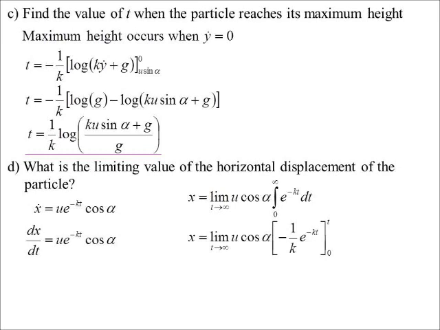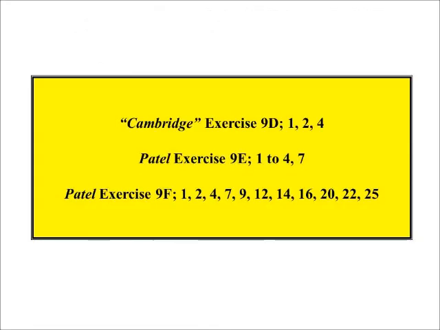We're finding limits, so I can't actually substitute infinity in. I should really have a t at the top of that integral sign. U cos alpha over k times (minus e to the minus kt plus 1). The negative exponential as t approaches infinity goes to 0, and we eventually get it. So there's 3 questions in Cambridge they have there. There's some more in Patel to look at.